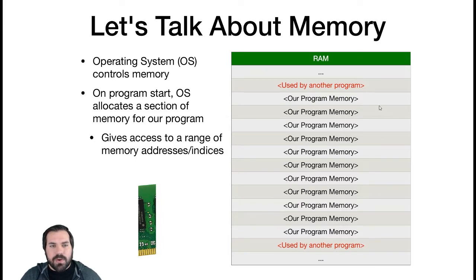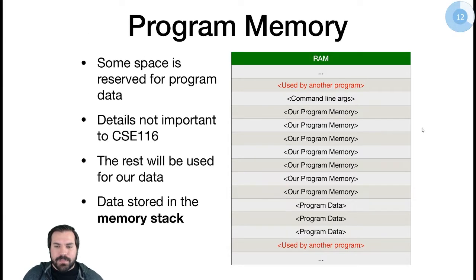So when we run our program, we get a small chunk of that RAM stick for us to use for our purposes, and we can do whatever we want with that memory space. RAM is indexed. We call it random access memory. It's like one giant array. So we have to use this array of storage and make use of it how we will.